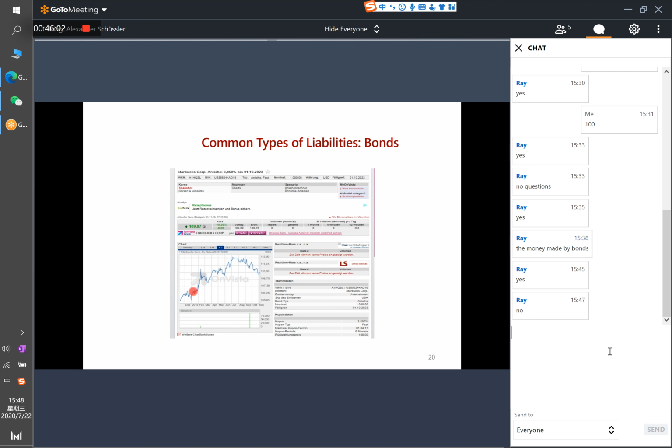In this case, the bond has moved up. The interest rates went down, and therefore the bond has moved up.